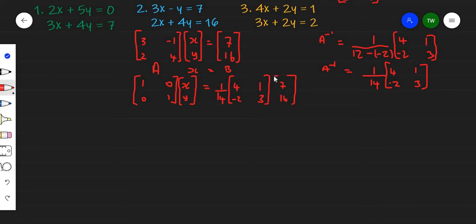We're basically going to just multiply this out and we're basically finished. So the identity matrix times xy just leaves us with xy.